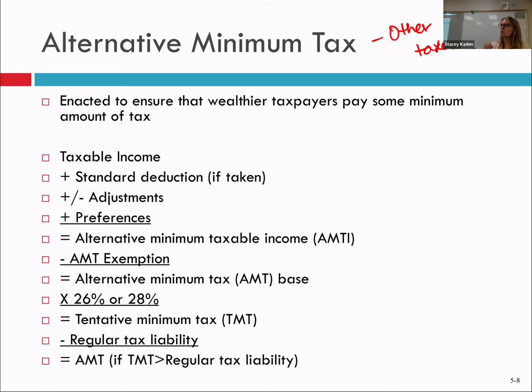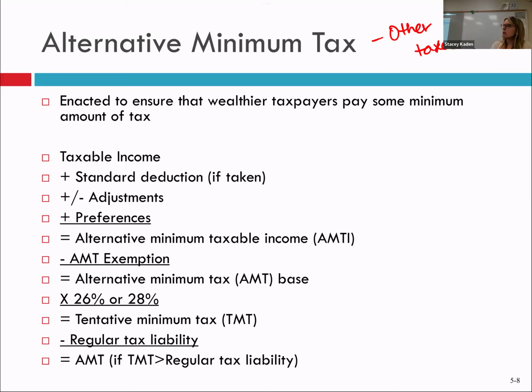They're following the rules Congress passed, and now Congress is mad they're not paying enough tax. So instead of changing those rules, we will create an additional tax system, and you will calculate your tax under that. And if it's higher, you'll pay the alternative minimum tax as well.